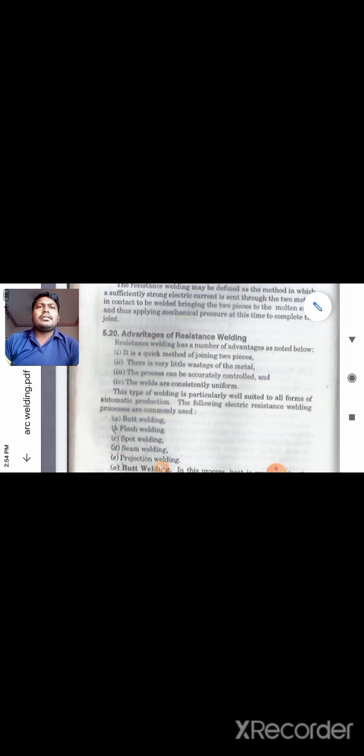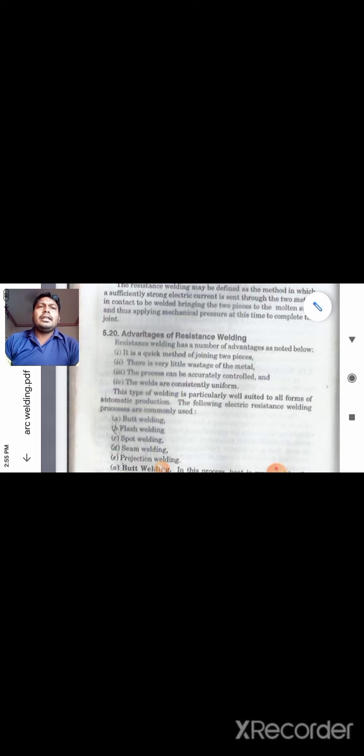Here the process is very accurate. The welds are consistently uniform also. The welds which we have achieved using this kind of welding are very consistent. This type of welding is particularly well suited to all forms of automatic production.